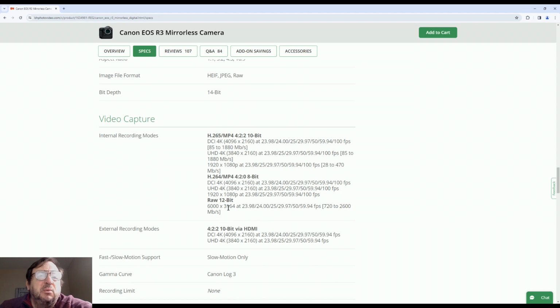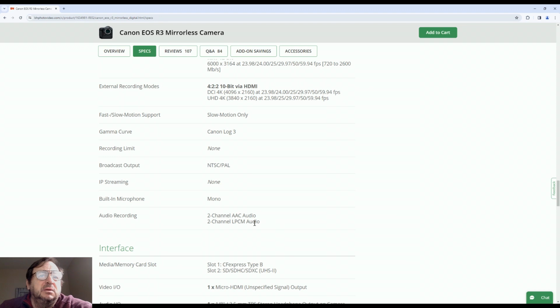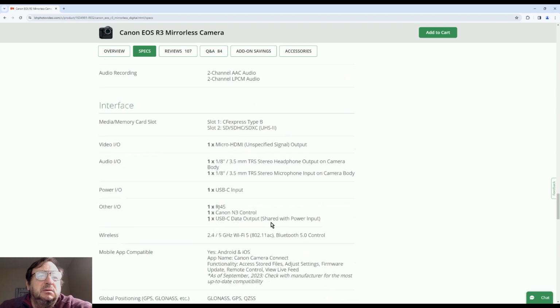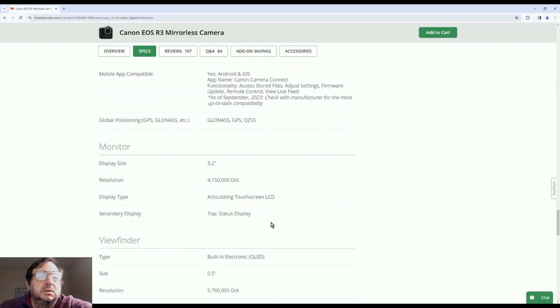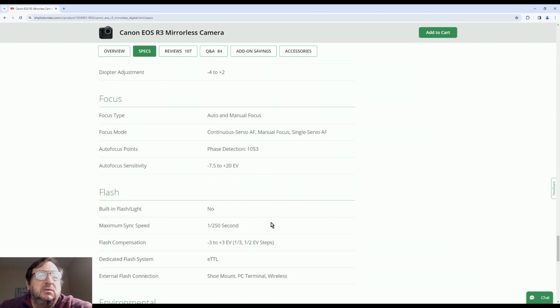So if you want more colors, you record this on an external recorder. So I'm looking for audio, 2 channel, but I need bits. Most likely 24 bit.